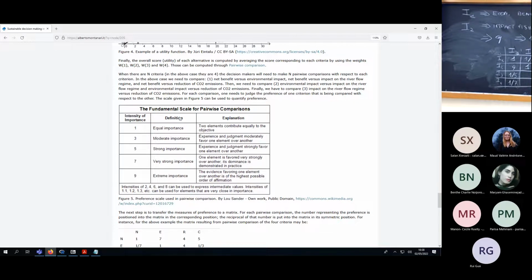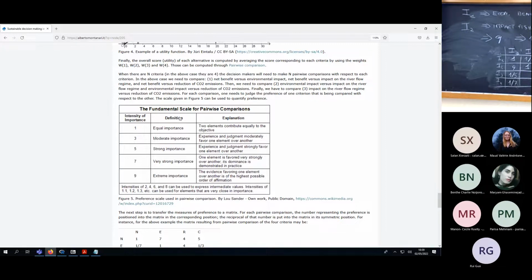Now let's look at the empty boxes. I2 with I3. We said that I2, fishes, is more important. So let's give a score of, I don't know, let's try with 3, okay? Or let's put 5. And here we can put 3.